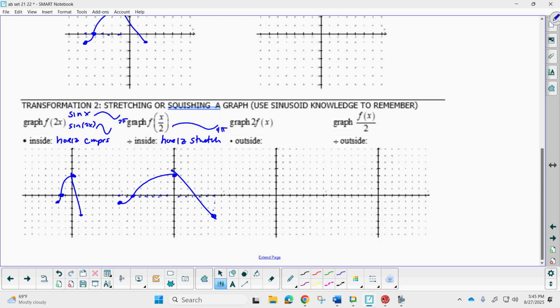All right. If you multiply it outside, then you're changing y. Just like sine of x normally has an amplitude of 1, 2 sine of x will have an amplitude of 2. It'll leave the x's, change the y's, so it's a vertical stretch if it's more than 1.